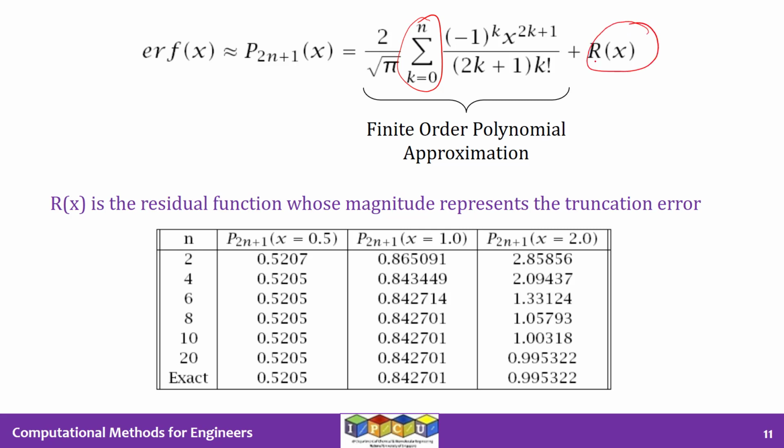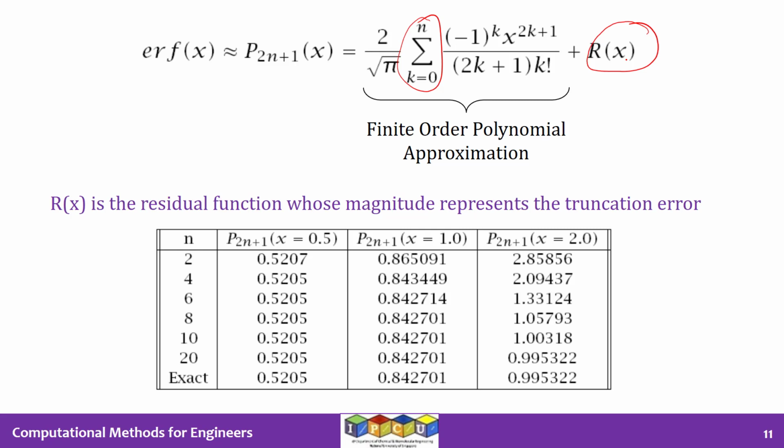So this r of x is a residual. I'm going to truncate it after k reaches n and say that's the value of the error function of x. I'm just going to say that this r of x is going to be very small. I don't have to go for the infinite series.